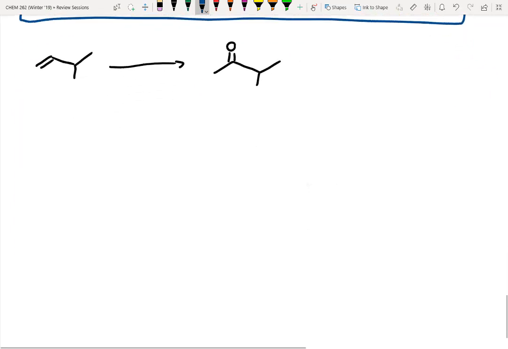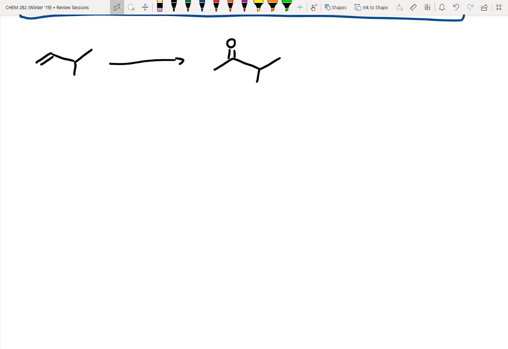This one, we're going from an alkene to a ketone. We saw previously this chapter, we can make ketones by either hydrating an alkyne or by doing ozonolysis. Do you think ozonolysis is likely here? No, we would have a different number of carbons from starting material to product. So it's not likely going to be ozonolysis.